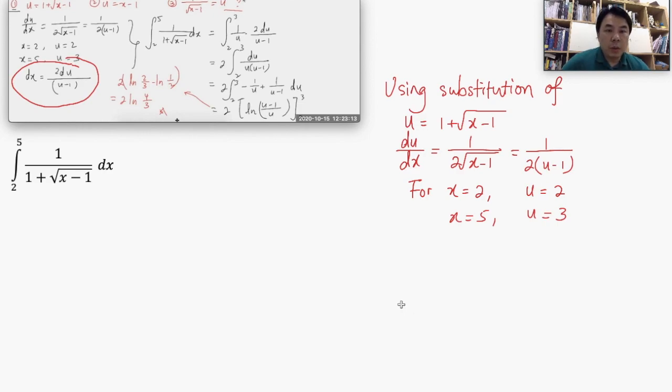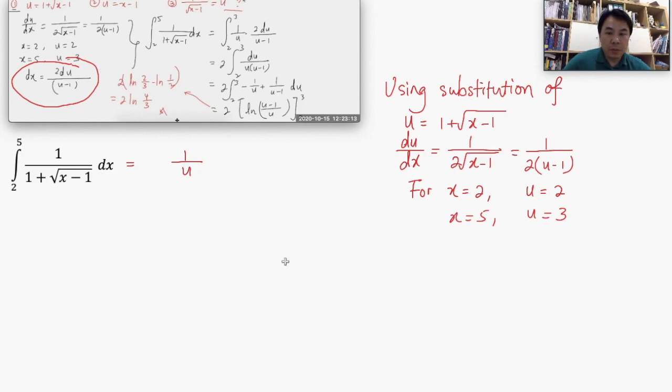Okay. Now once we have done with this setup, we can substitute all this into this integration. So let's take a look at how it looks. Before that, I would like to give credit to Rahul, who suggested this substitution. All right. So we have 1 over u, and then dx. In this case, dx, this is where the error is located.